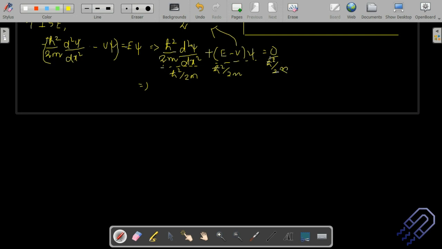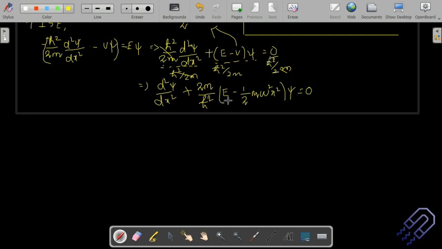This term gets cancelled, and we have d square psi by dx square plus 2m by h cross square into E minus V, into psi. We have just calculated V, so I can write it as half m omega square x square into psi is equal to 0.